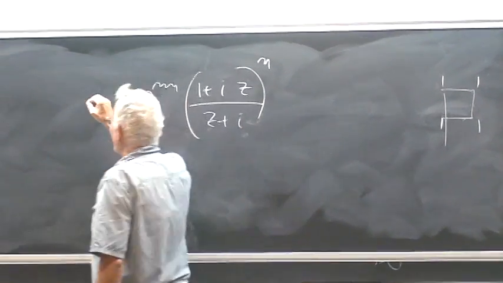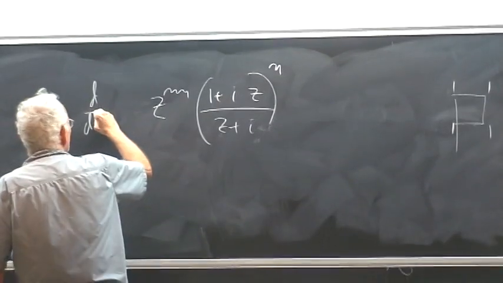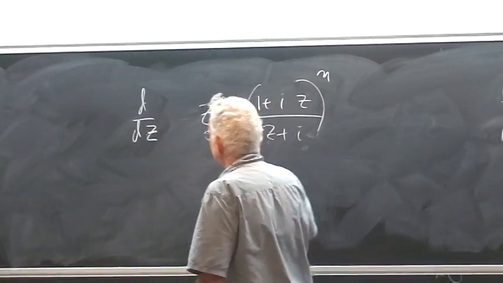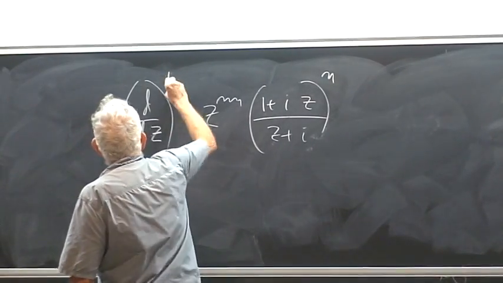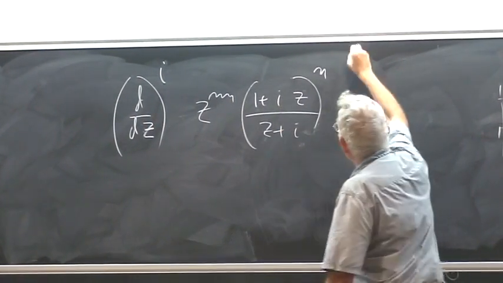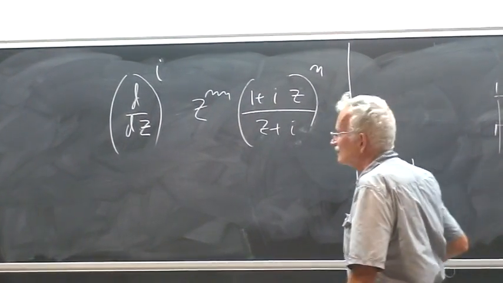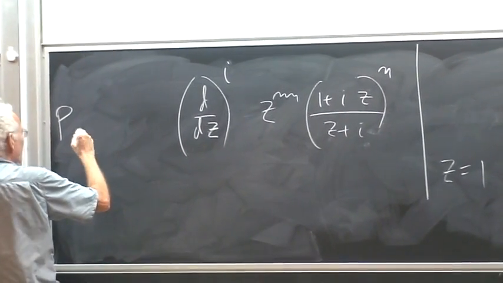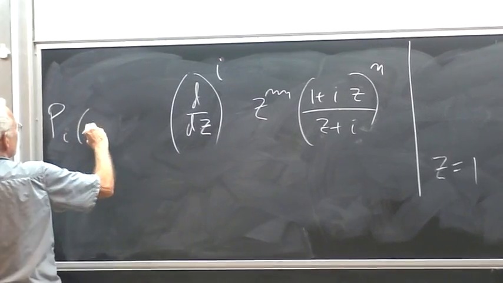But now is the Ehrenpreis trick that got me a whole paper. Take the derivative with respect to z any number of times, and then plug in z equals 1. And then you get the Zeilberger basis for discrete analytic functions inspired by Ehrenpreis.